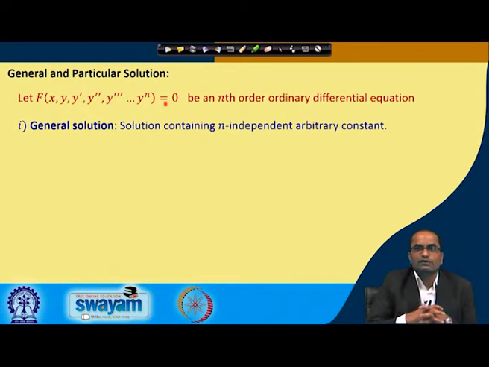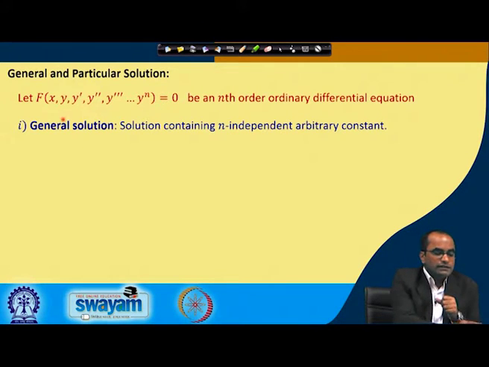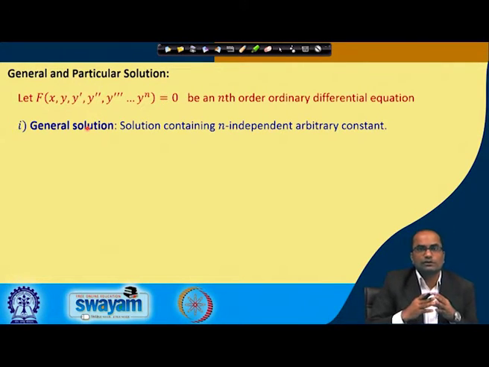Or the other way around, whenever we have a second order differential equation and we find the general solution of this equation, it will have 2 arbitrary constants or 2 parameters in the solution. That is exactly the definition of the general solution: the solution containing n independent arbitrary constants.